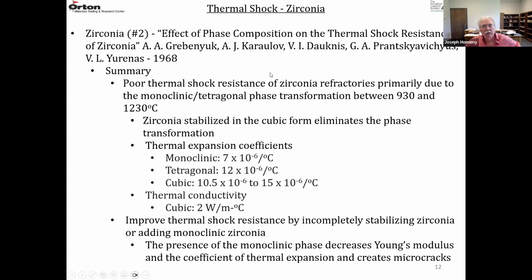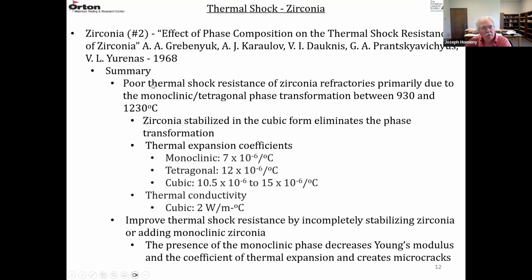So the second example here is a year later, the same group of investigators, and they looked at the phase composition and its effect on the thermal shock resistance of zirconia. They looked at this in a little more detail.